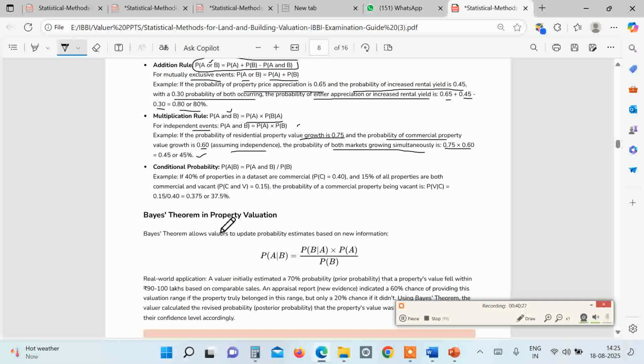And the third thing is conditional probability. P(A given B) is P(A and B) divided by P(B).